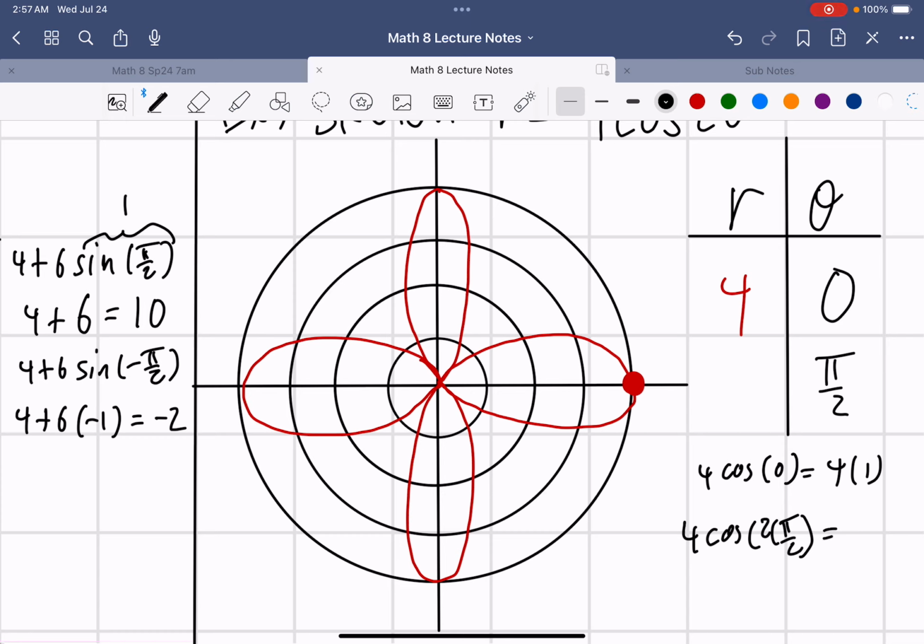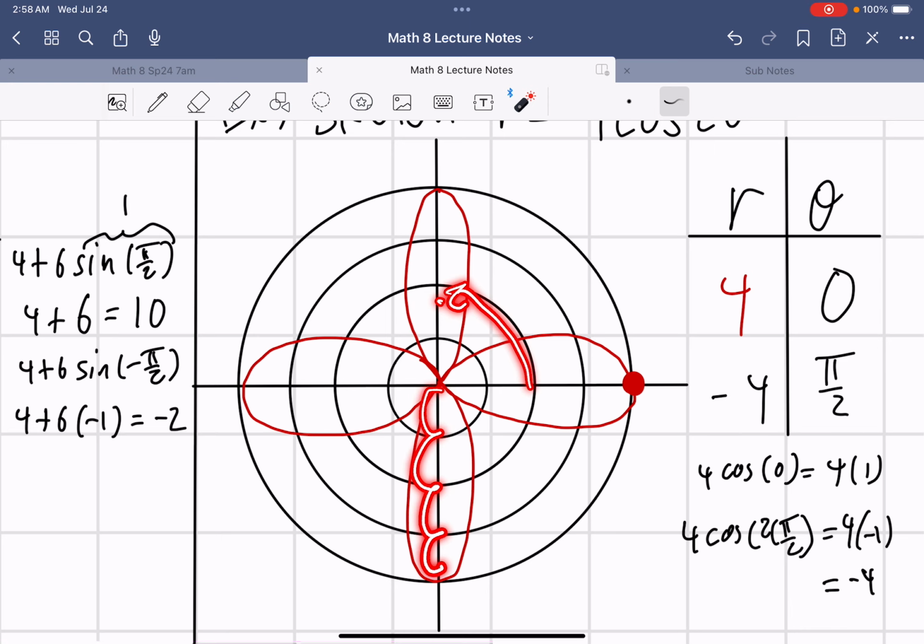That's going to give me cosine of pi, which is going to be 4 times negative 1. Right, because cosine of pi is negative 1. But 4 times negative 1 is just negative 4. And that just means when we point in the pi over 2 direction, we go back 1, 2, 3, 4.